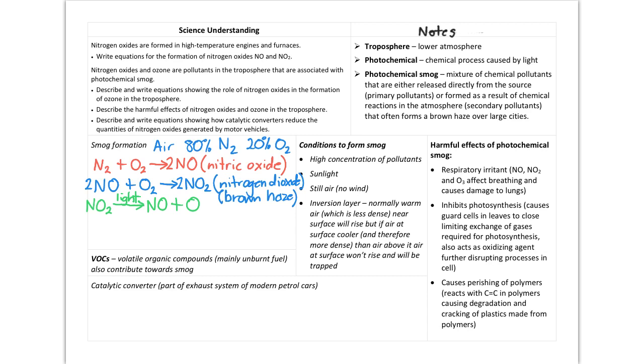Now this free oxygen atom doesn't, if you like, survive or last very long. What that very quickly does is that it reacts with another O2 oxygen molecule in the air, and that forms O3, which is what we know as ozone.